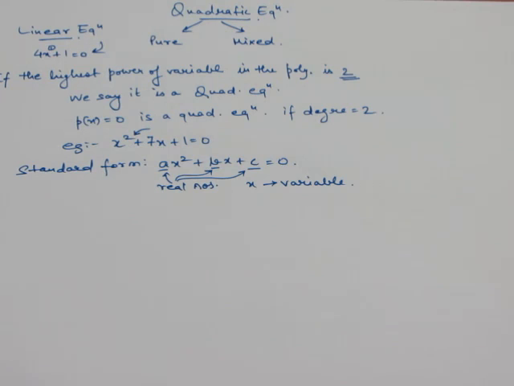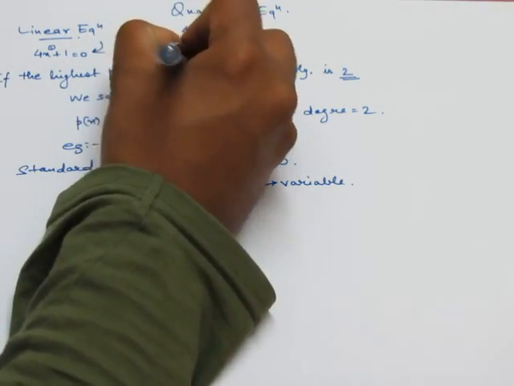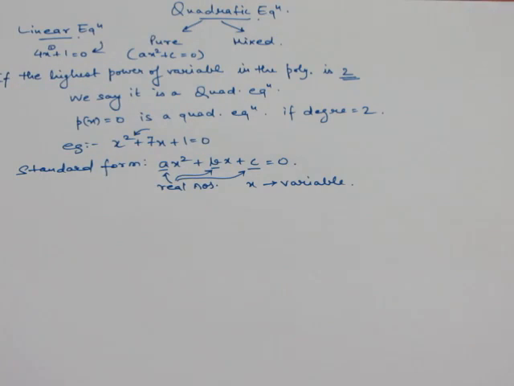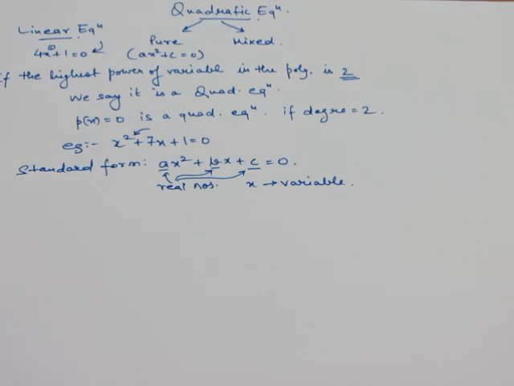In case of pure quadratic equation, the equation is of the form ax square plus c equals to 0. Is it clear? Ax square plus c equals to 0 is a quadratic equation in pure form, whereas whatever we see here, the standard form, it is in mixed quadratic.